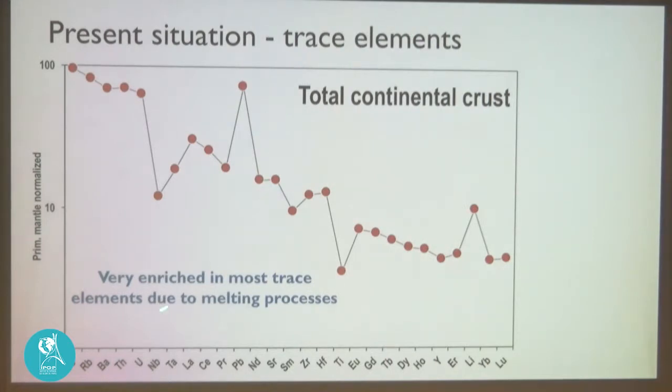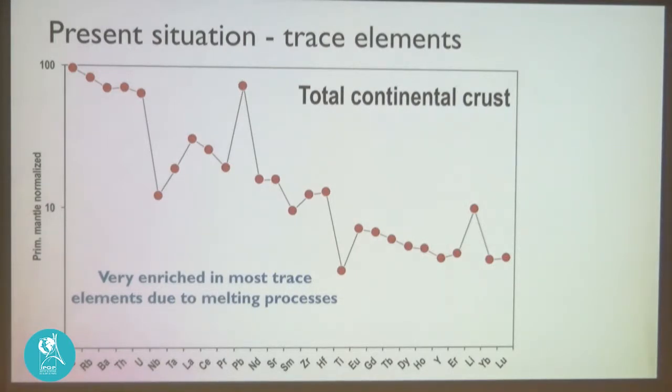This is an estimate of the enrichment in various trace elements listed here with their symbols, enrichment relative to the primitive mantle concentration. So what we see here is that the estimate of the total continental crust done by Roberta Rudnick, who gave a talk, I think it was about a month ago, shows that there is an enrichment factor of about 100 for the most incompatible elements.